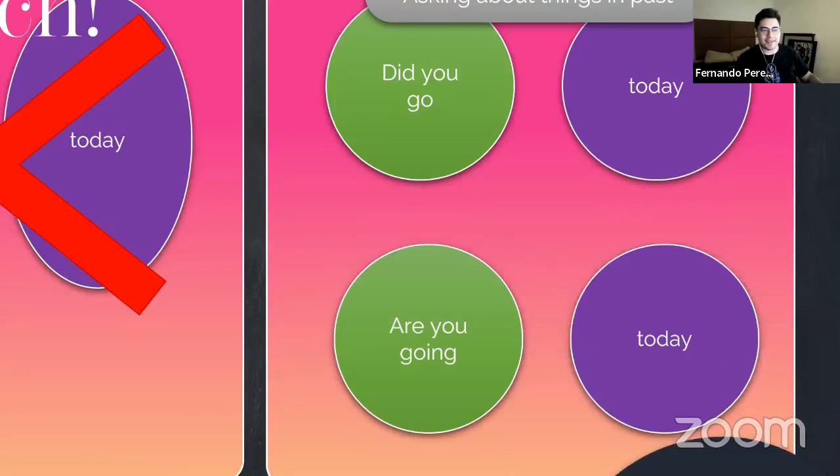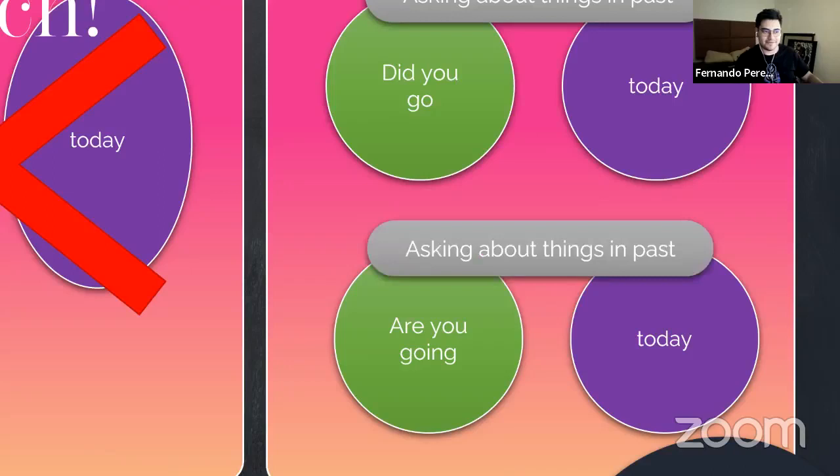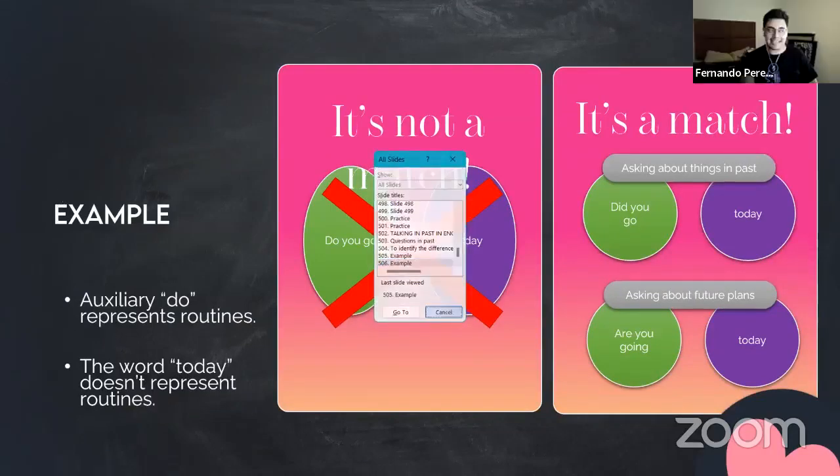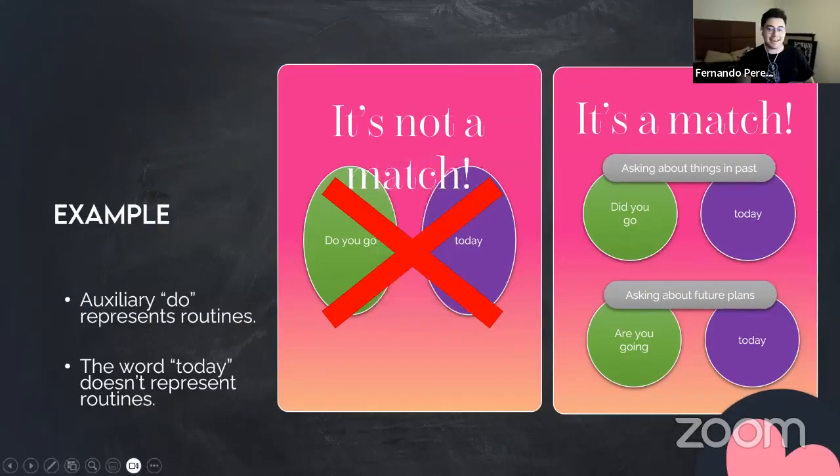It's a tricky question because the correct expression is future. In previous classes, we saw that -ing is for plans. So we technically never say, "Do you go today?" The time expression needs to match the verb.